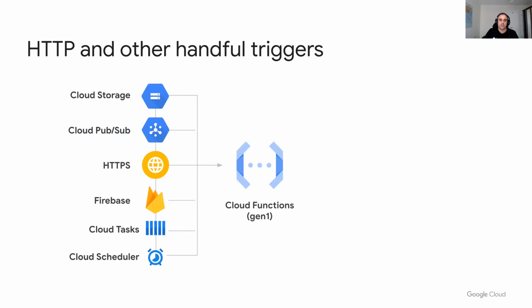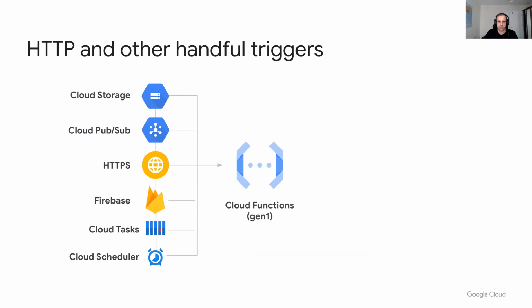And when you look at the function, it's usually triggered by HTTP. So it's an HTTP triggered function. And on Google Cloud, in the first generation of Cloud Functions, you had a handful of other triggers. So you had a Cloud Storage trigger, where the user drops a file and that creates an event that your function can get, or maybe you have a Pub/Sub topic and then someone sends a message to the topic and then that message can end up in your function.